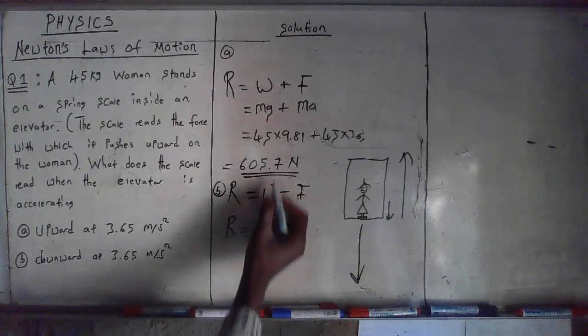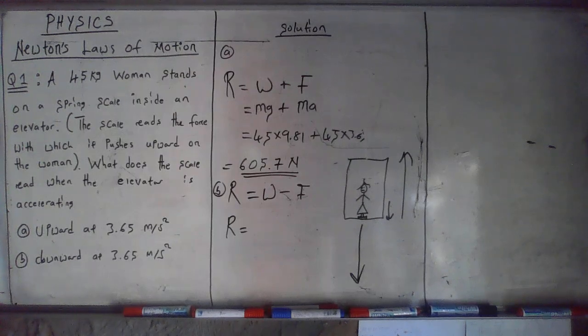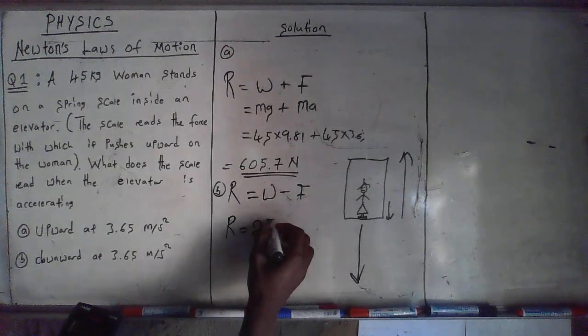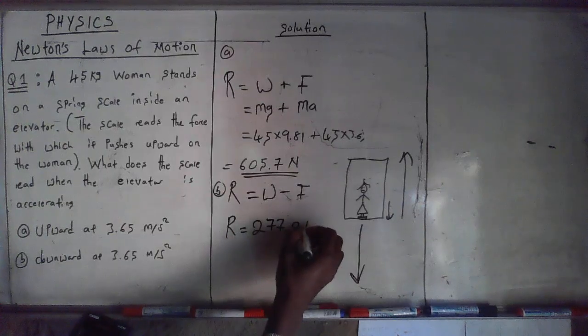Our weight is this, right? So this minus this, so we'll just say 45 by 9.81 minus 45 by 3.65, and my answer is 277.2 Newtons.